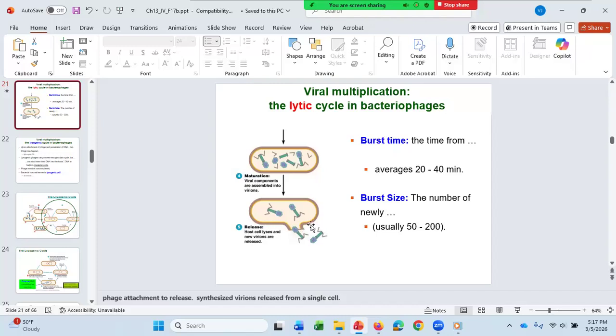Without the cell wall, water can move into the cell, and then the cell membrane will expand, and normally that's held intact by the cell wall, but the cell wall is now degraded by the lysozyme, and so the cell will eventually burst. And then that will release the newly synthesized new virions.